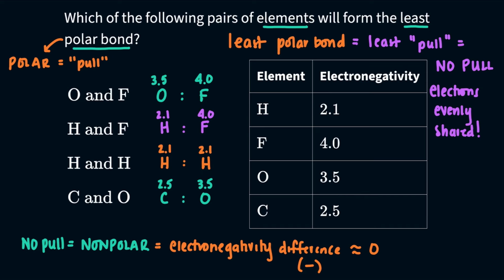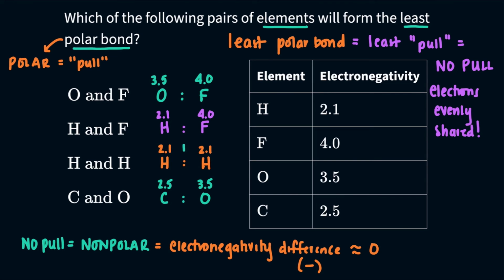But look here, I have atoms that are exactly the same, 2.1 and 2.1. If you have atoms that are exactly the same in a bond, there's no way that the hydrogen on the left is going to grab the electrons, and the same for the hydrogen on the right. They're the same atom. They have the same electronegativity. They have no pull.